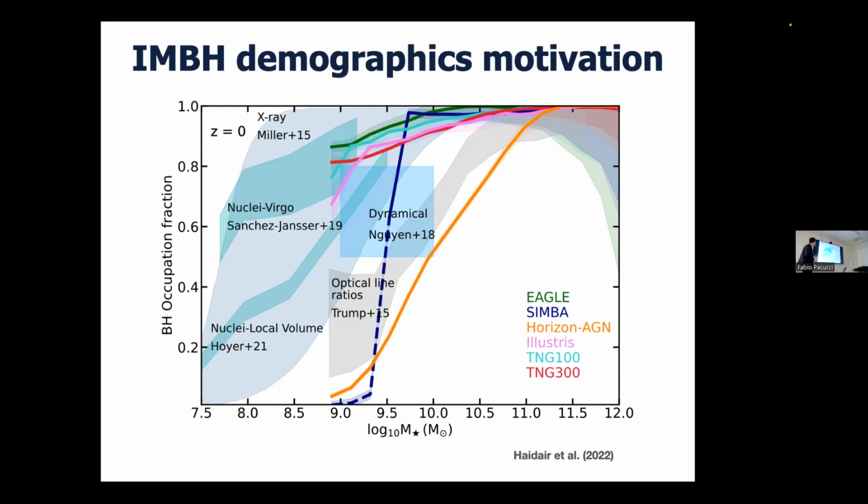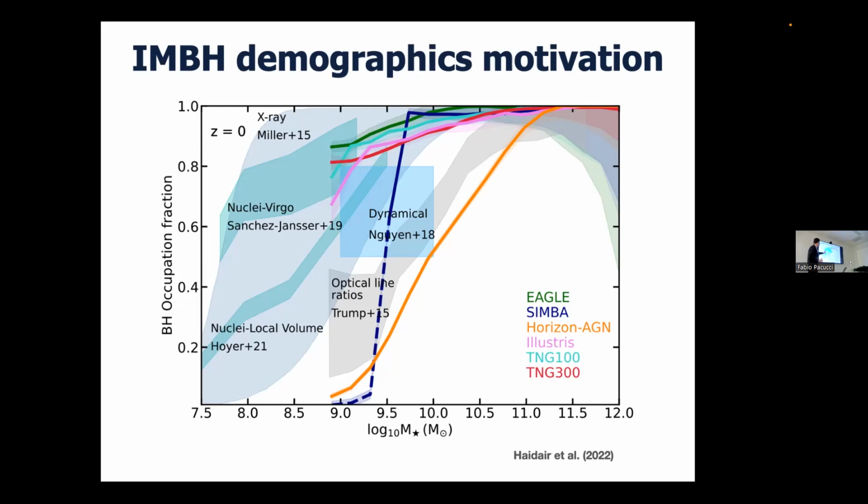They're designed to match the scaling relations that we observe between black hole mass and stellar mass of the host galaxy for more massive galaxies with quasars and supermassive black holes. But in the dwarf galaxy regime, things are still open.